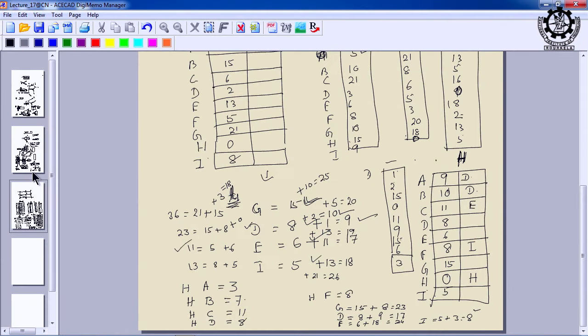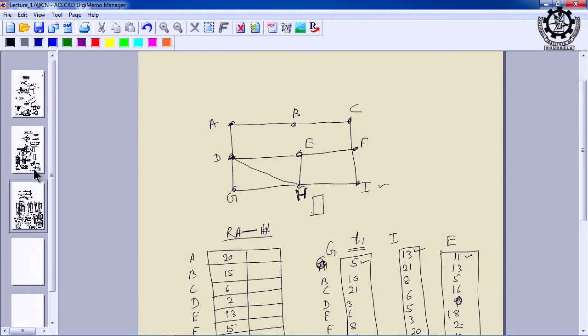So, with this new value, may be increased or may be decreased, you have to find the next local update of the current table, which is now the table for node H, correct. So, once this table for node H is updated, this will be now exchanged with E, D, G and I, and they update their table accordingly, because they may have to again route through H. So, every node that may have a possibility to route through H will update their table, and again their neighbors will update.